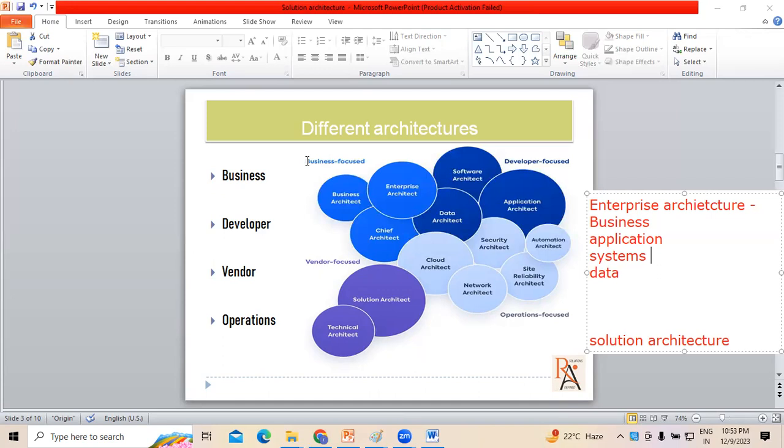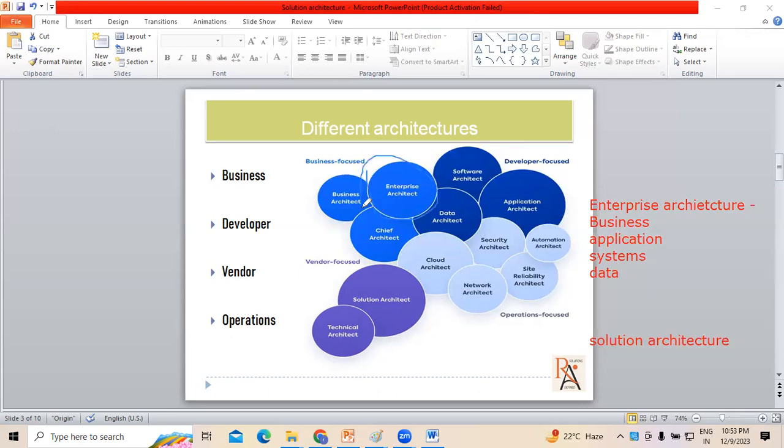Whatever software we are developing, whatever applications we are developing, whatever data we are working on, all of these come under data architecture, software architecture, application architecture and so on. So these are all related to developer focused. You can see over here, I'll draw this, right?